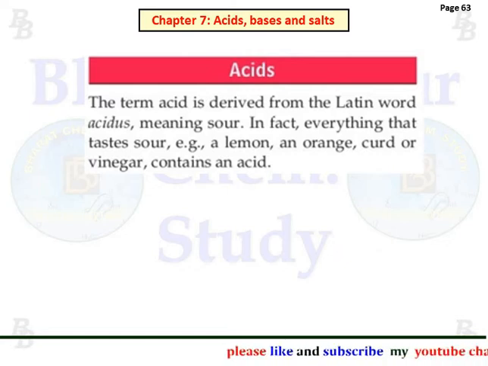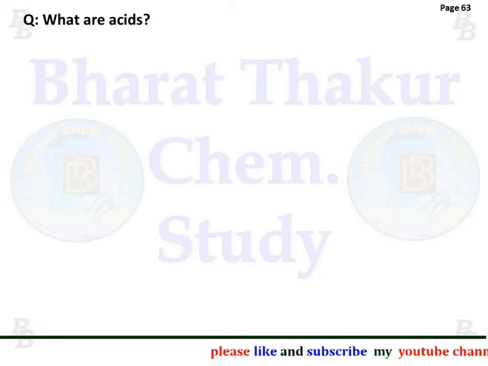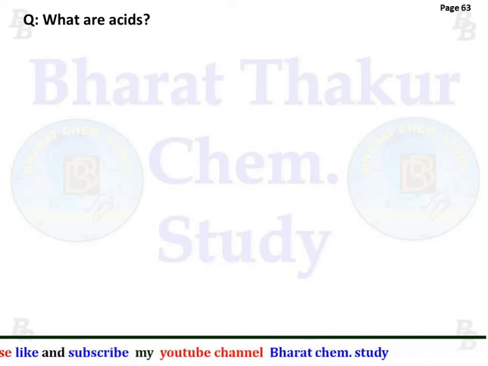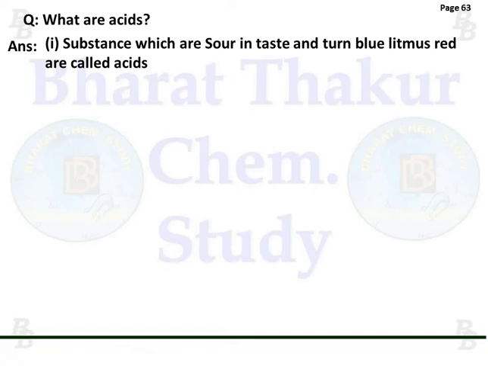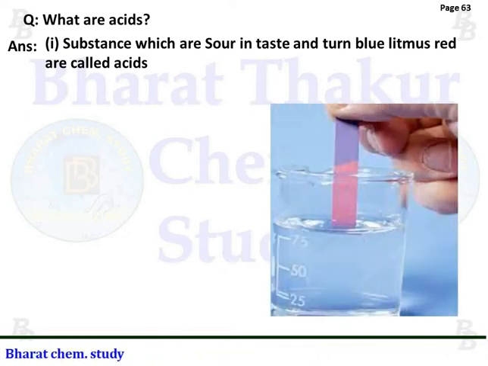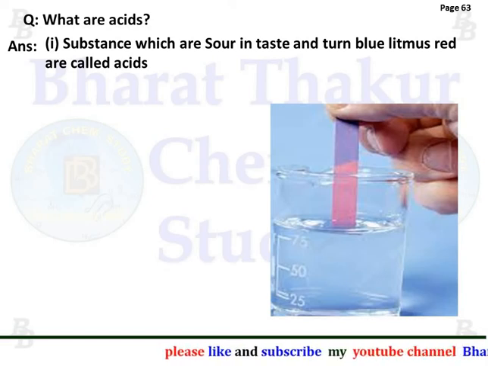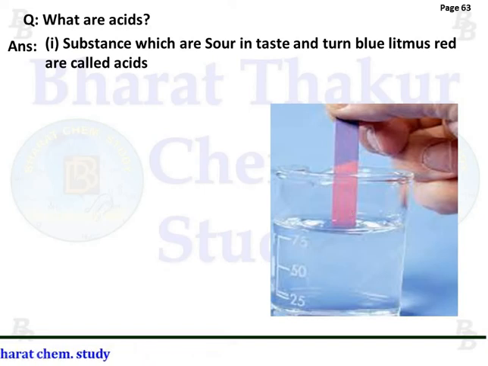So now a question comes to my mind: what are acids? The definition of acids can be written in two ways. The first way is that substances which are sour in taste and turn blue litmus red are called acids. It means when we put a blue litmus paper in an acid, it turns the blue litmus paper red in color.